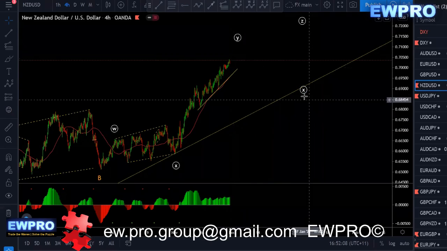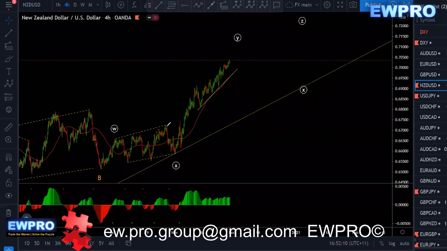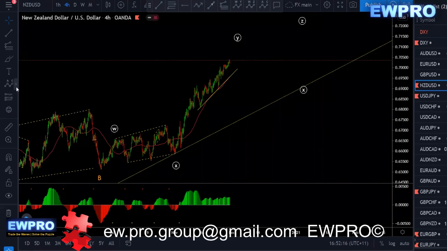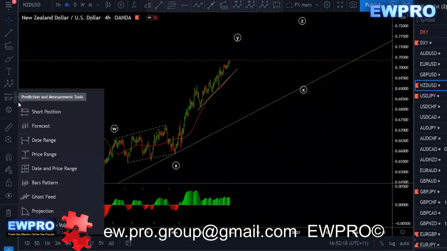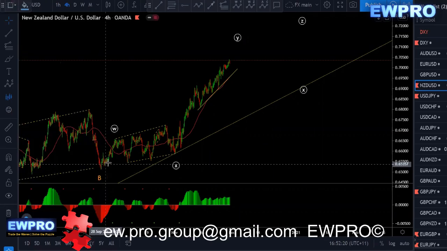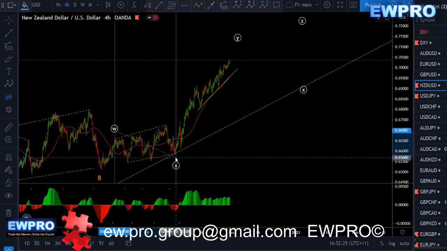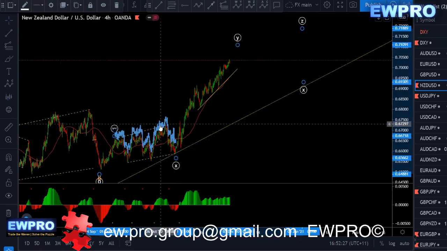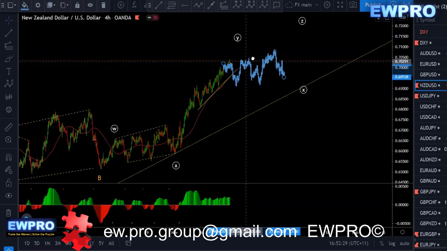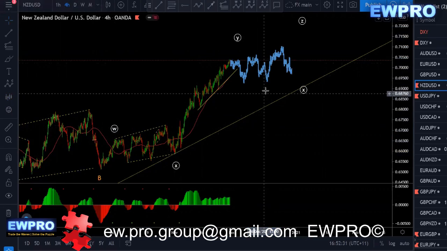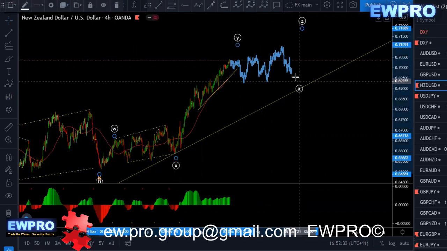But whatever sort of correction we get in here, actually, I might go over to here. So I'm looking for this X wave before I look for that buy.